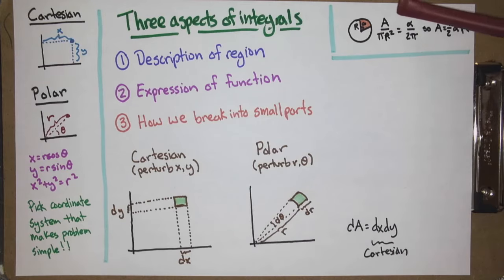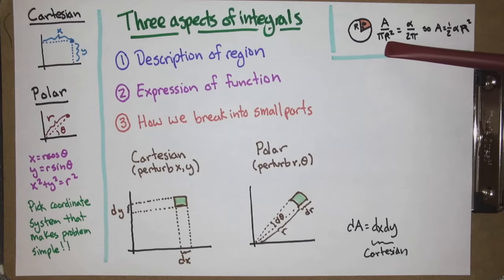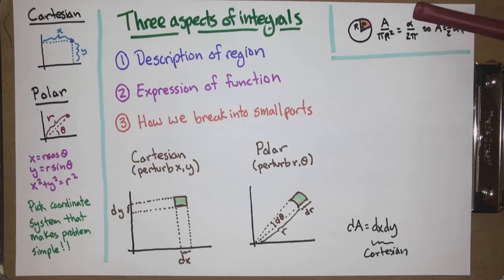Well, if you take the area of the wedge divided by the total area of the circle, that's equal to the ratio of the angle in the center alpha divided by the whole revolution, 2 pi. Or the area of the wedge is 1/2 times alpha times r squared. And this is where alpha is measured in, sorry, I just said polar. I should have said radians.